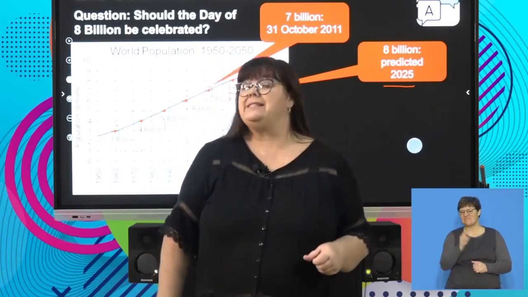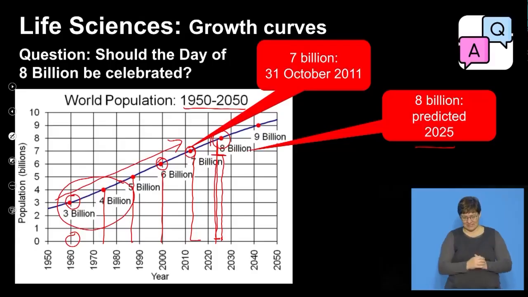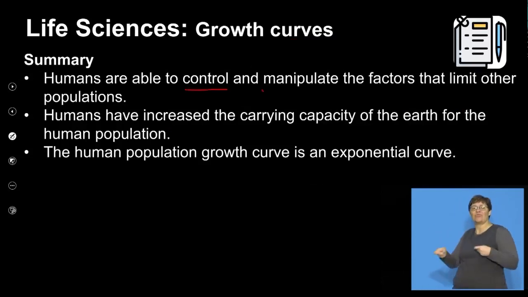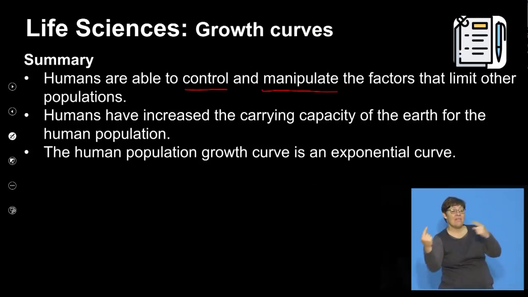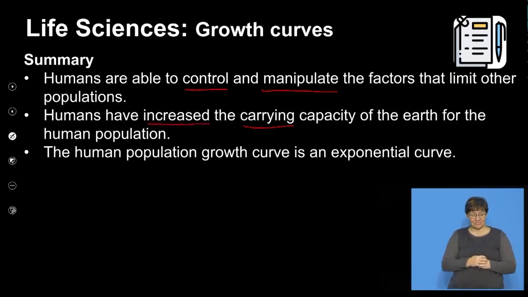Let's have a look at a summary of what we've covered today. Humans are able to control, and not only control, but manipulate the factors that limit other populations. Humans have increased the carrying capacity of the earth for the human population. We have more food because we grow it.